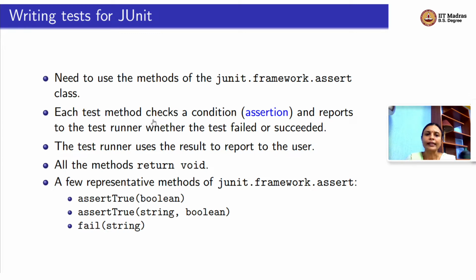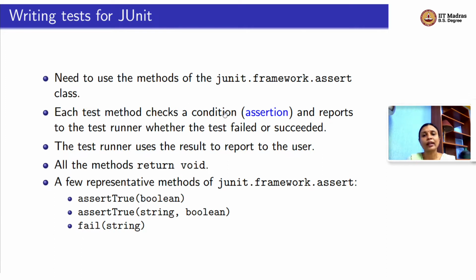So how do I write test cases for JUnit? There is a particular class called junit.framework.Assert. Based on your IDE, the name of this class could be different. Use the methods of this class. Each such test method will contain an assertion, which is basically, as I told you, a predicate or a condition that returns a Boolean value, and it will report to the test runner whether the test case failed or succeeded.